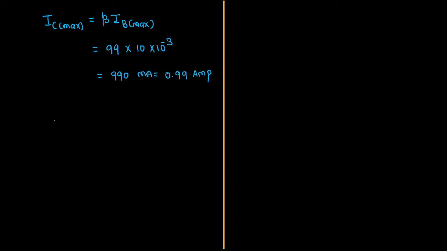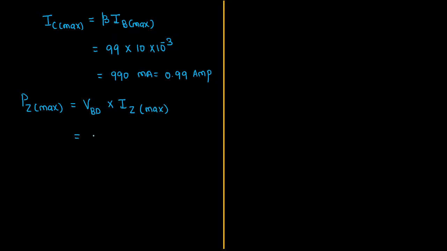Now it is time to explore the other values, such as power dissipation. They are asking for the maximum power dissipation of this Zener diode. That will be equal to the Zener breakdown voltage into the maximum Zener current.